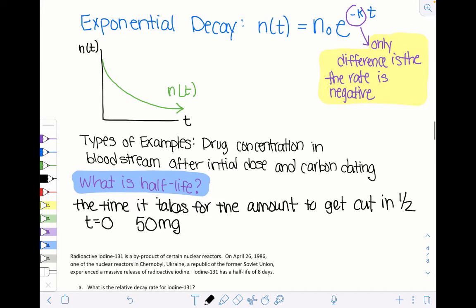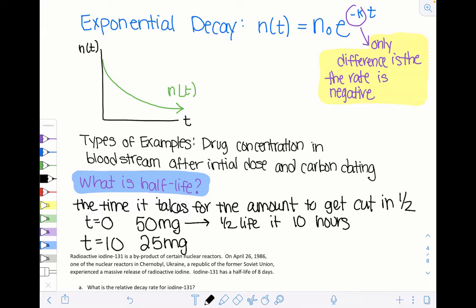If we know for that specific drug that the half-life is 10 hours, that means we would expect that after 10 hours, the dosage would get cut in half. So for this example, that would mean 10 hours later, there would be only 25 milligrams.